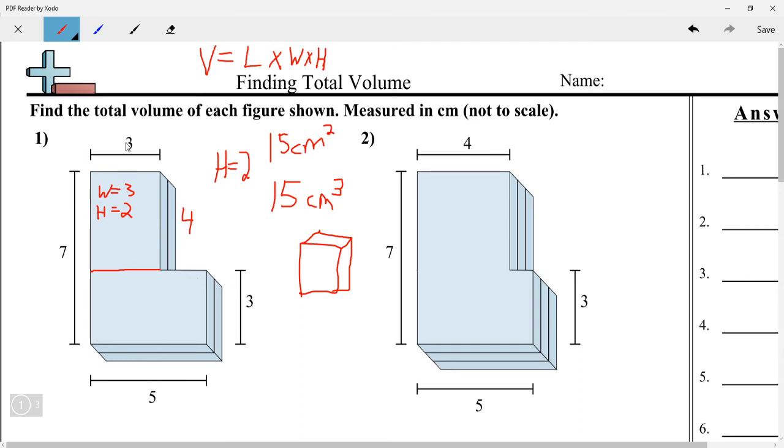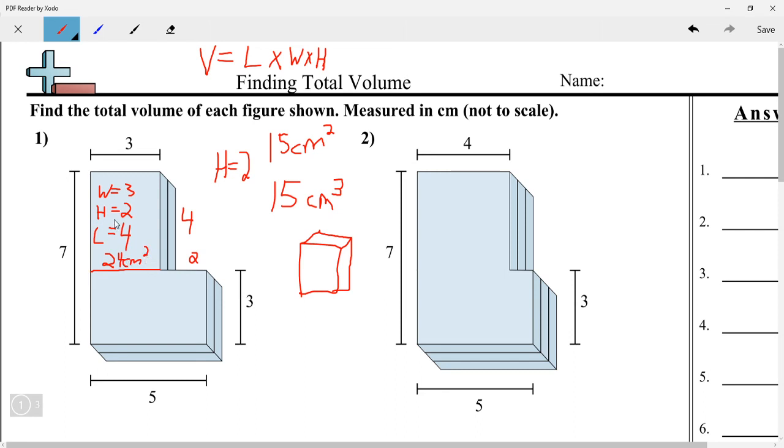And it's the same thing here. If we go 3, and this whole thing is 5, this part of it is 3, this part has to be 2. So the length would be 4 of this, and now we just have to multiply these together. So doesn't matter what order, 4 times 2 is 8, times 3 is 24. So this is 24 centimeters cubed.